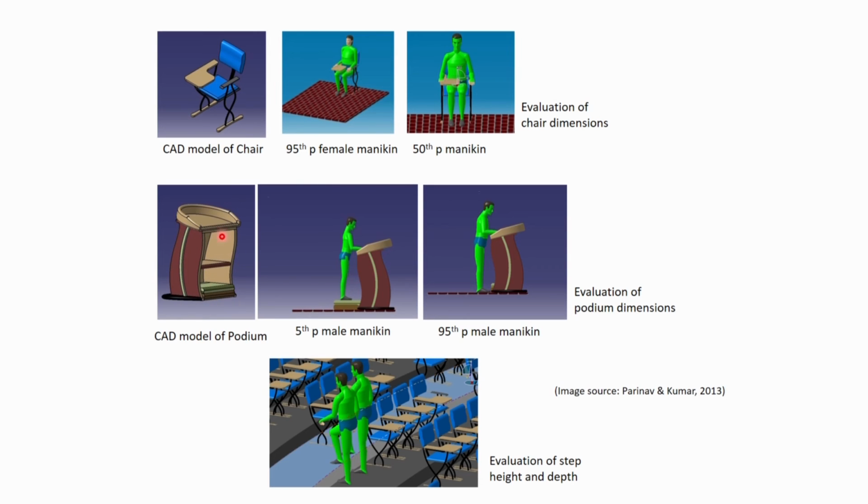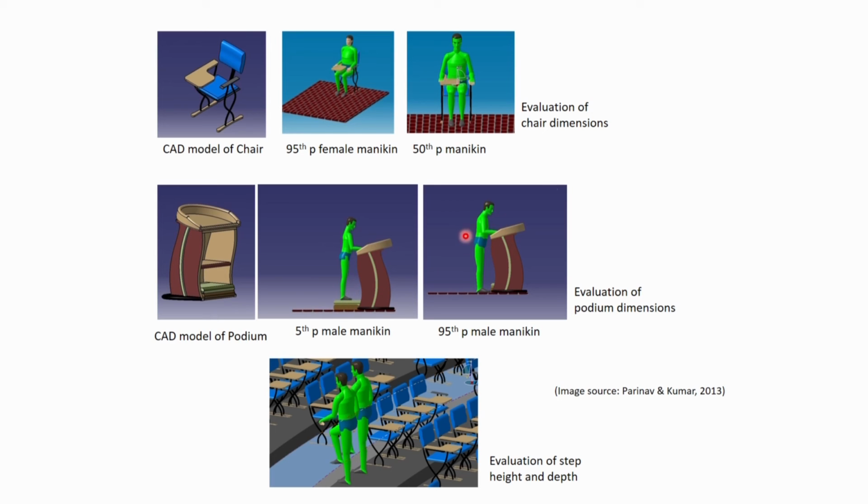Similarly, a model of the podium was designed, and in that podium model, interestingly, you can see these types of steps which can be brought out from the bottom portion, and on those the people with shorter height can stand.